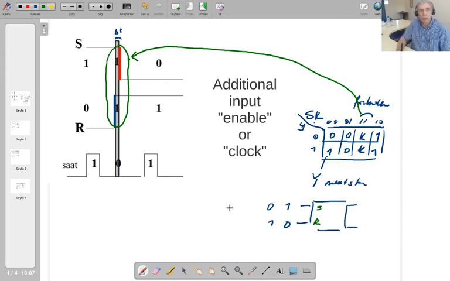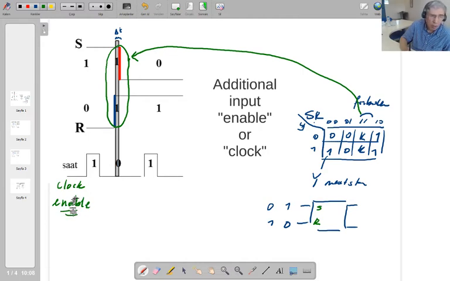So how we are going to solve this problem is to introduce a new input. In Turkish it is saat, so that's called sometimes clock, and in this case we are going to call it the enable input. What does this enable input do?